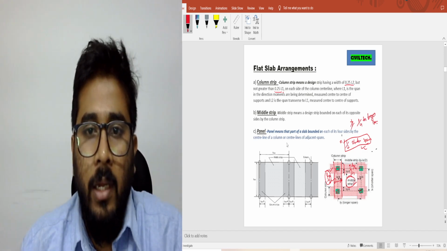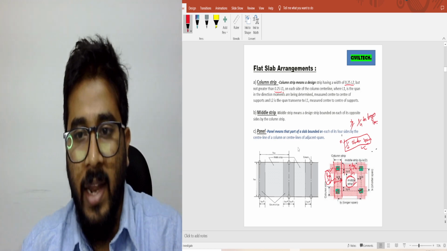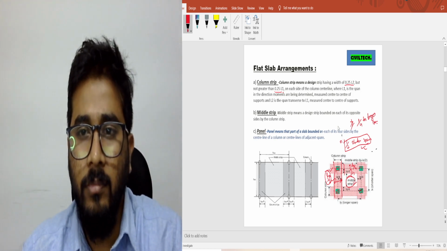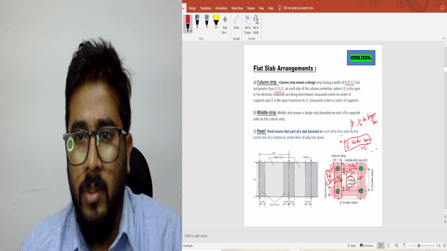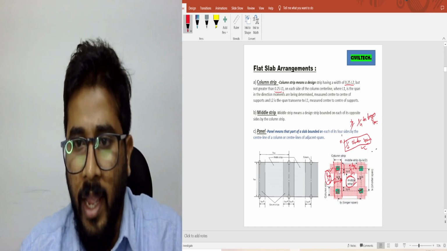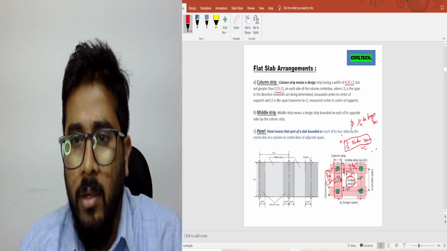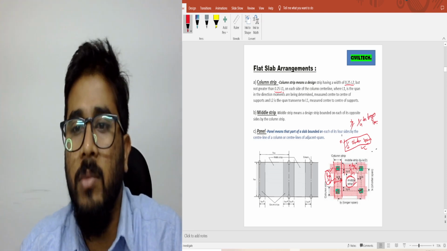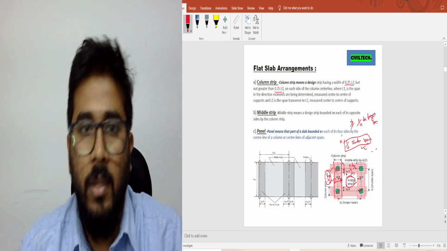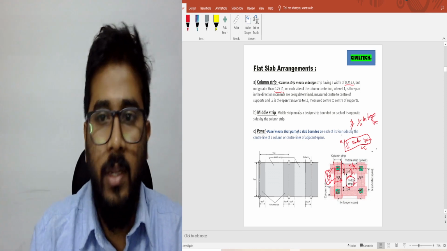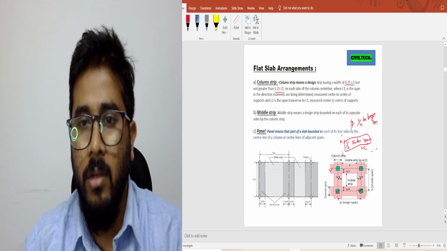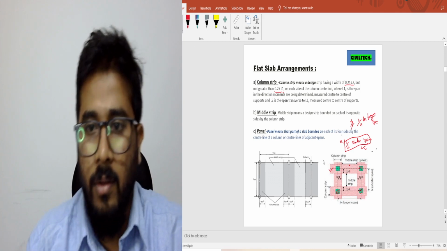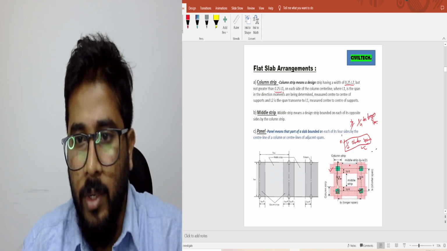Okay, now what is a panel? A panel is nothing but the area which is bounded by the center line of the column. So if I ask what the panel is here, the panel is this one.